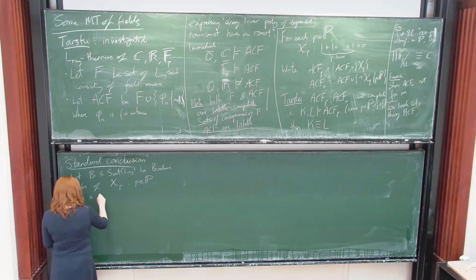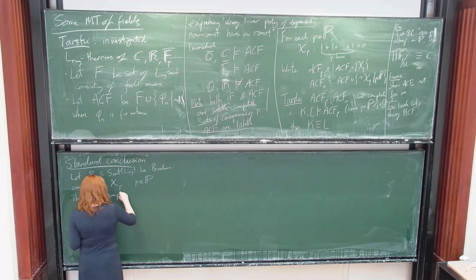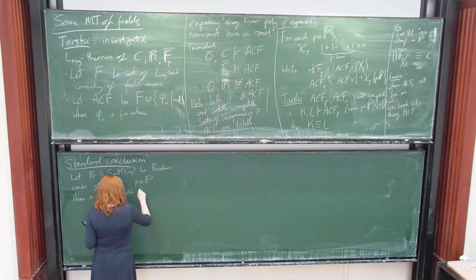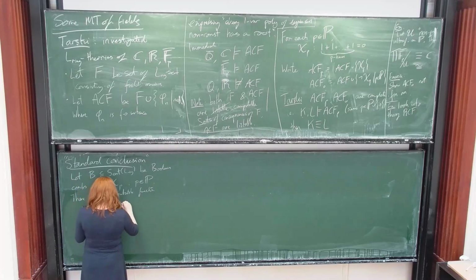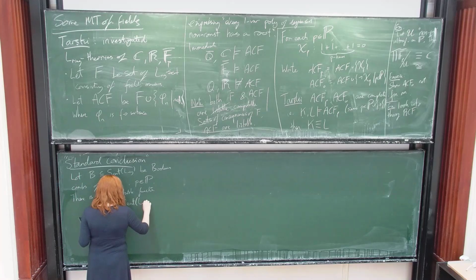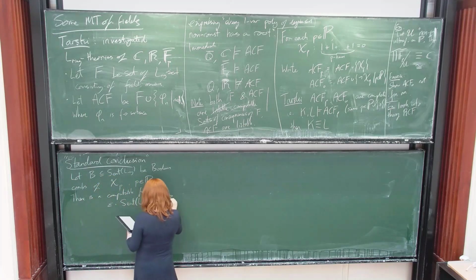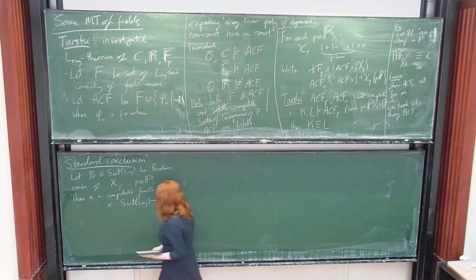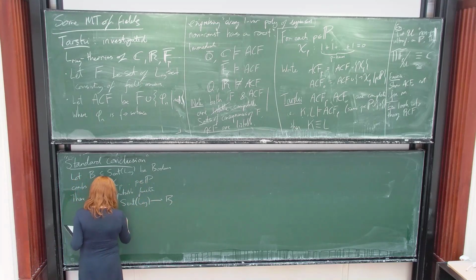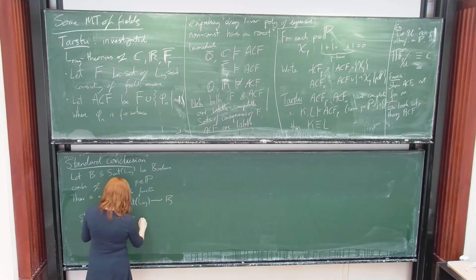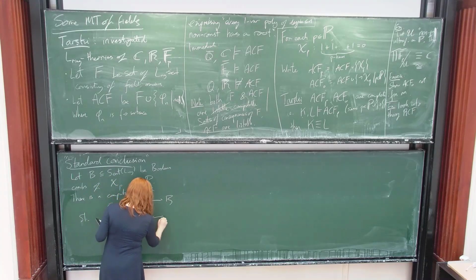There is a computable function epsilon from the collection of all sentences in this language to B such that ACF believes every phi to be equivalent to its image epsilon phi.